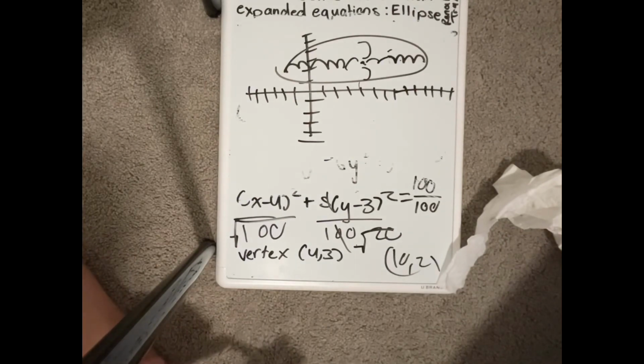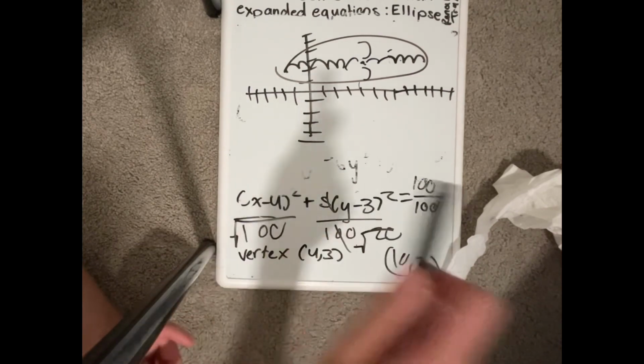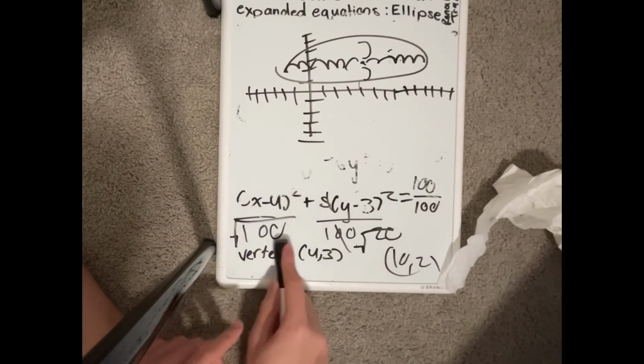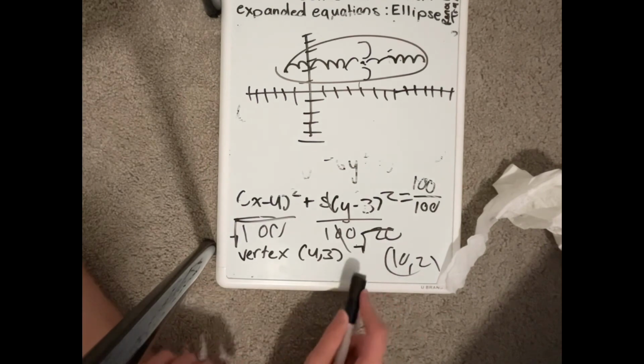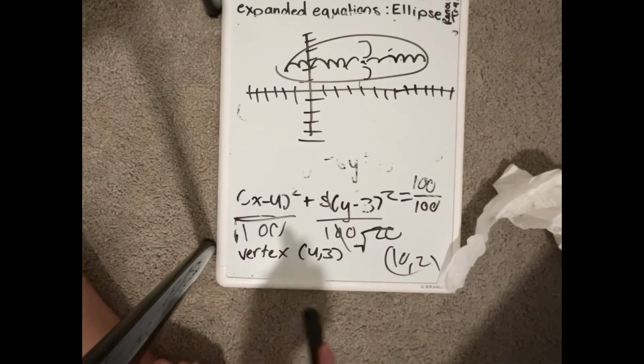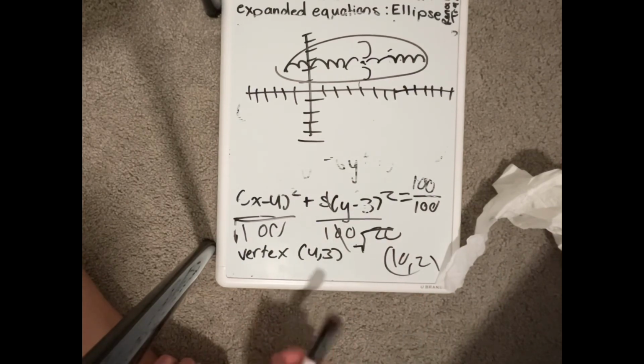Okay, and that's how you find an ellipse. To recap, to get the vertex, you solve for x right here, and that's 4, and that is 3, and then for the major and minor, you take the radical to find the length and the width, and that would be it.